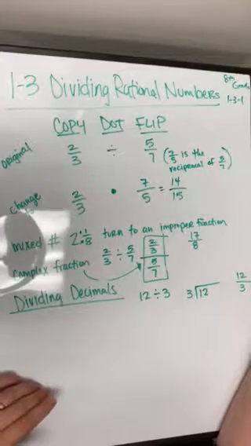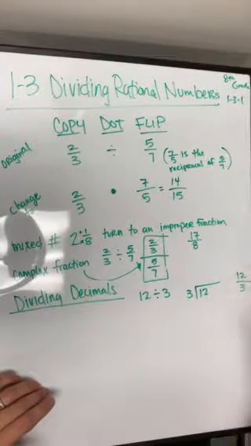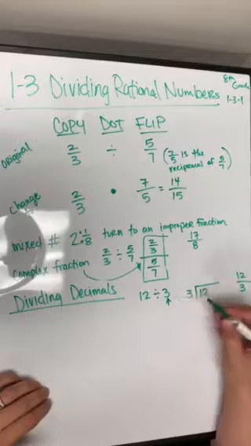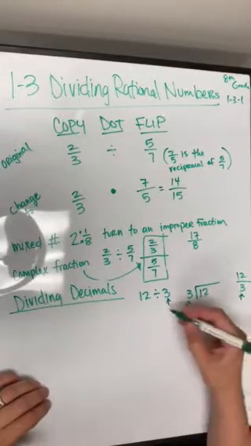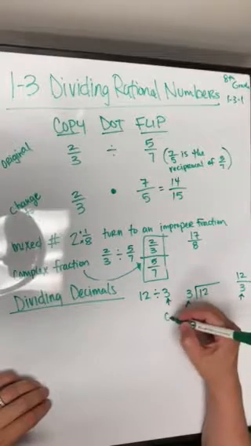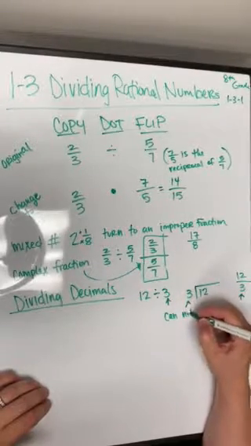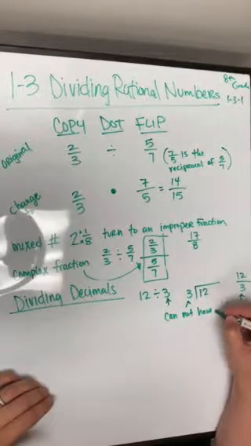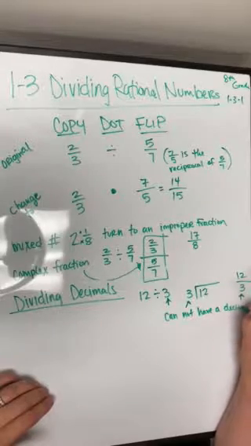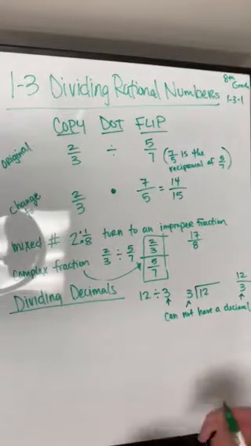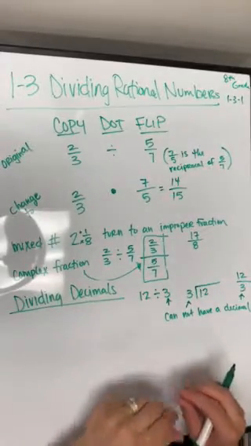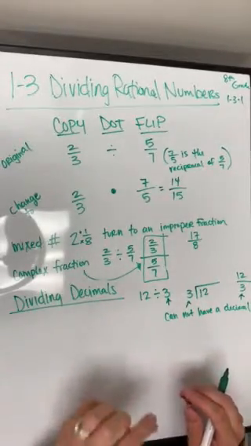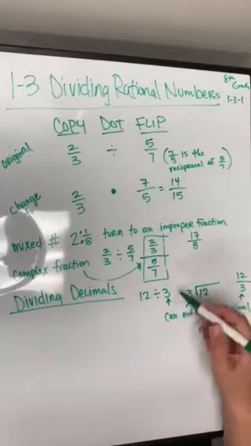And so it's important that whenever we're working with decimals, you realize this second number, which would be on the outside, which would be the denominator, cannot have a decimal. So what we have to do is manipulate the number. If it has a decimal, these ones don't, we have to manipulate the number so that it doesn't have a decimal. And the way we do that is we times it by 10.